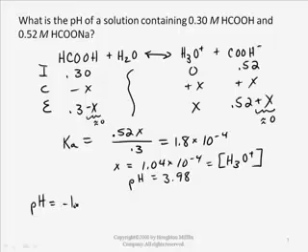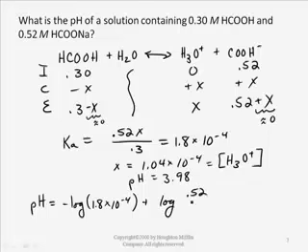So the pKa would be the negative log of 1.8 times 10 to the minus 4, plus the log of base over acid. So our base was 0.52 and our acid is 0.30. So what does that give us there?